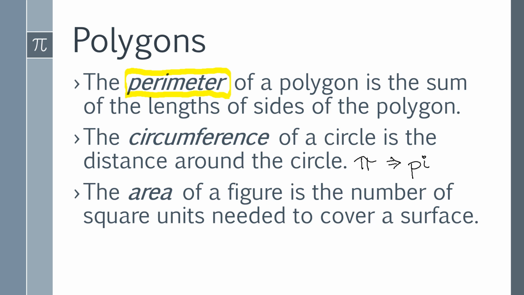And pi is always going to be involved with anything with circles. So once we get that idea, keep that in mind, all right? So circumference is the distance around a circle, okay? The area of a figure is the number of square units needed to cover a surface, right?